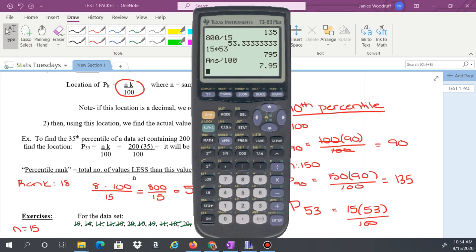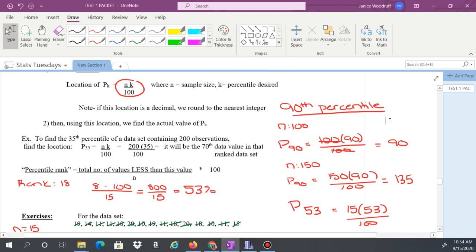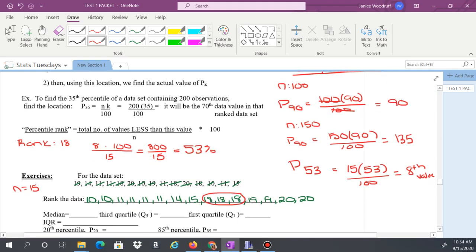So when we do the percentile ranking, it's not telling us what the number is, it's telling us the location of the number. So this is the 8th number or 8th value in the data set. So if I go to my data ranked, I go 1, 2, 3, 4, 5, 6, 7, 8.